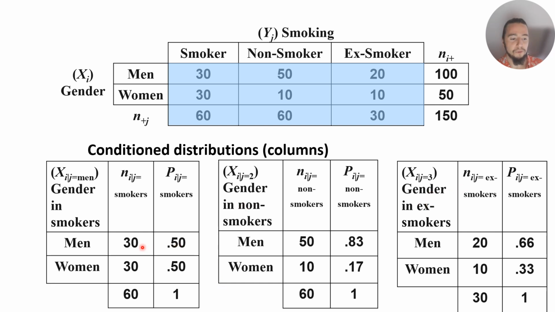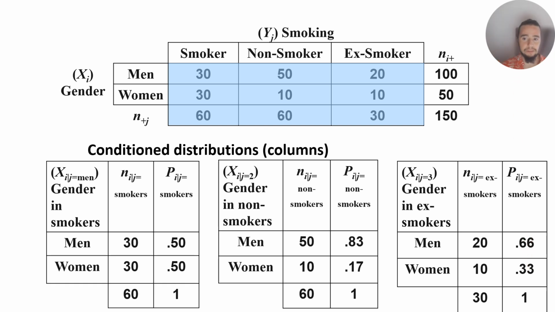Among smokers, we have in our data basically equal proportions, therefore equal conditional probabilities. We also have that it's more likely to be a man than a woman given that you are a non-smoker, and also more likely to be a man than a woman given that you are an ex-smoker.